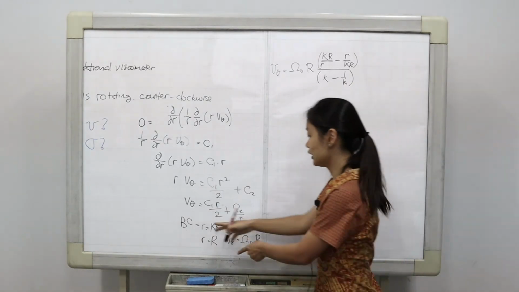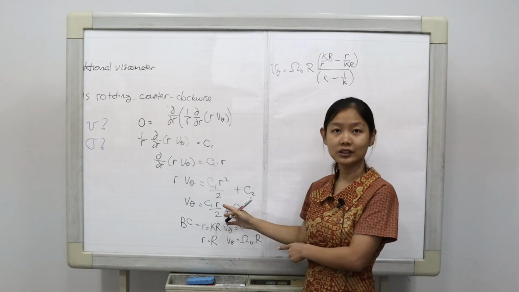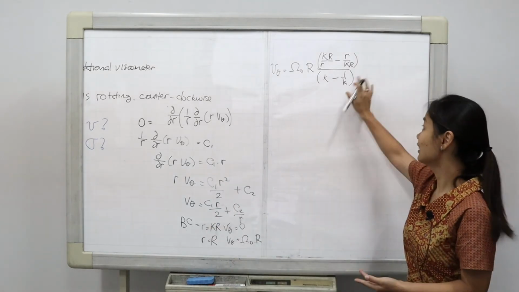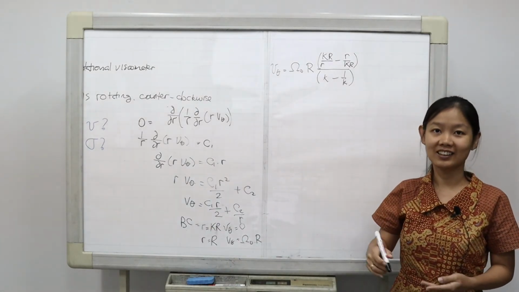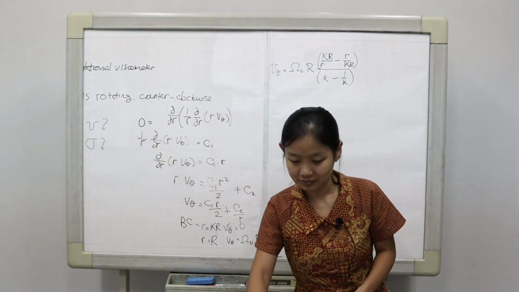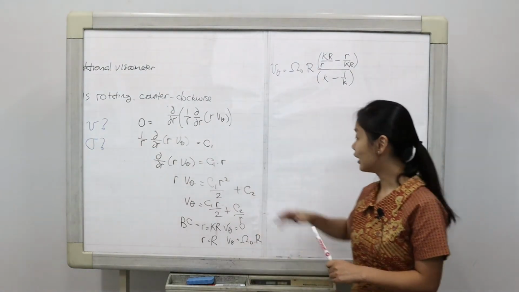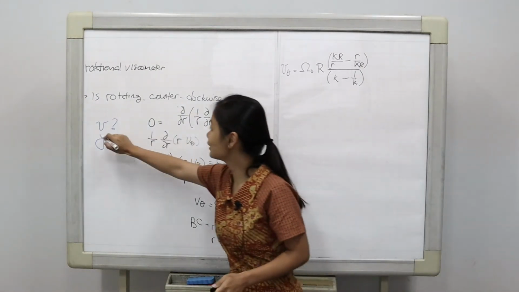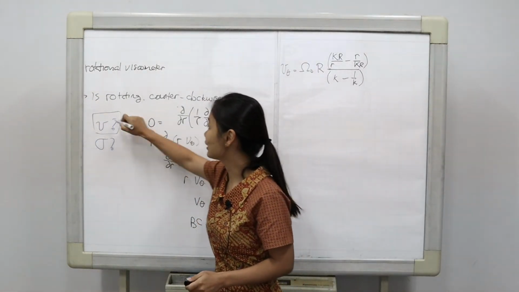After we substitute these boundary conditions into the equations, we get this equation for φθ. Try to do that. So our first mission to get the velocity profile is accomplished.